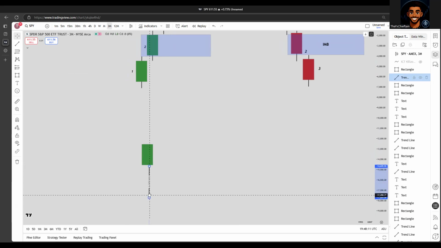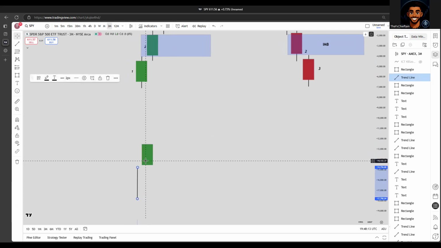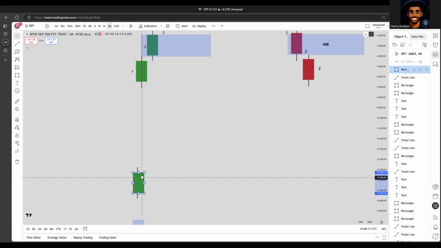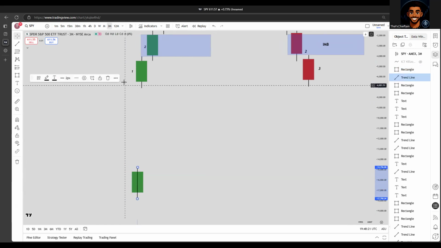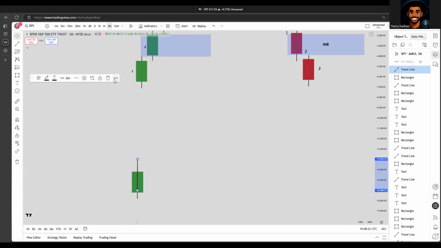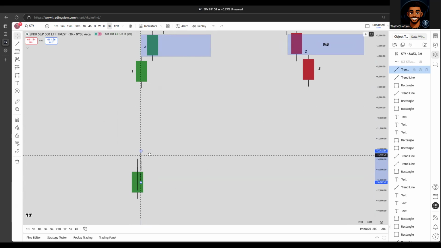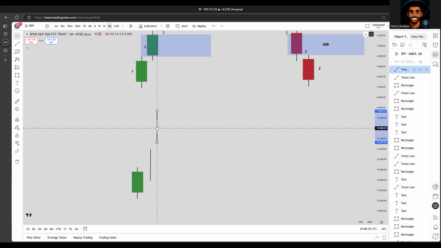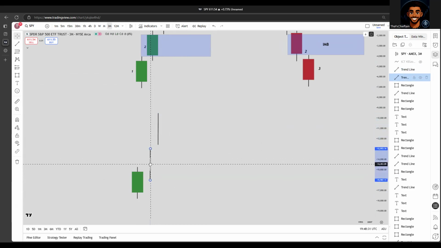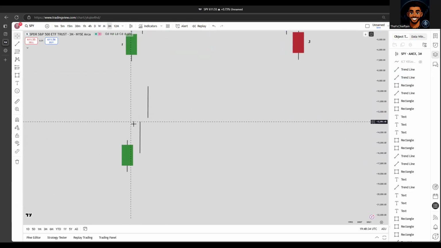But let's go a little bit lower. Long. They want to see something like this.